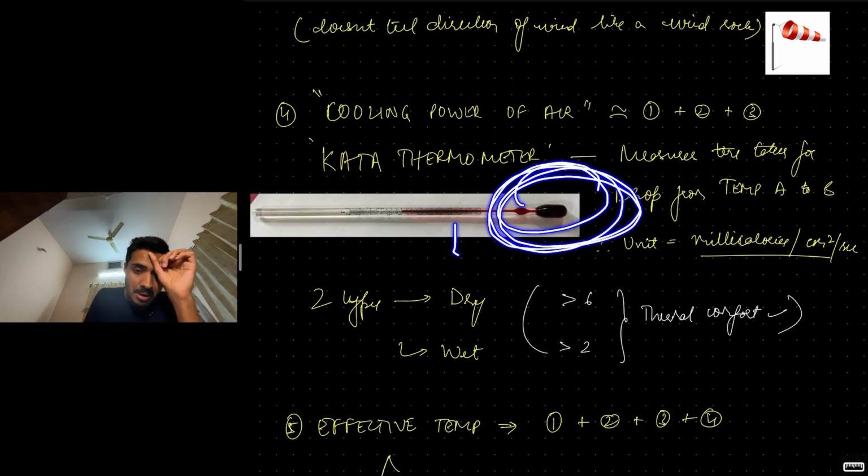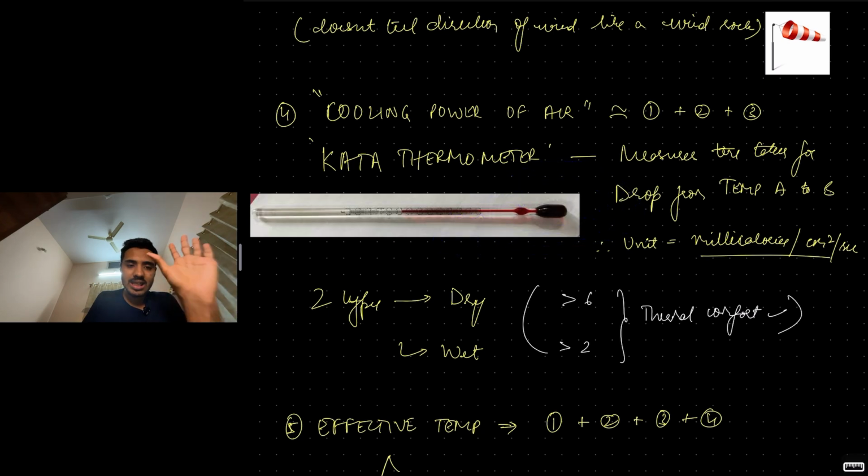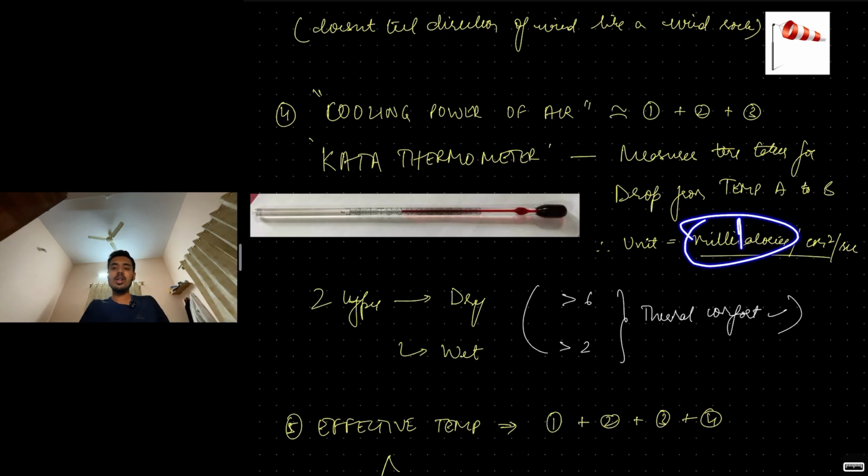It measures the time taken to drop from temperature A to temperature B. That is how the kata thermometer checks the cooling power of air. The unit is millicalories per centimeter square per second.